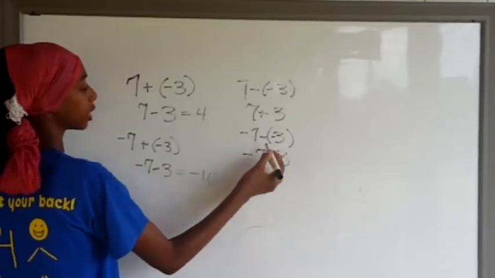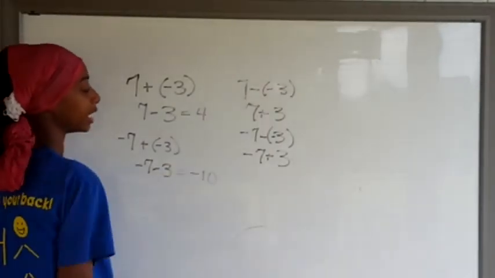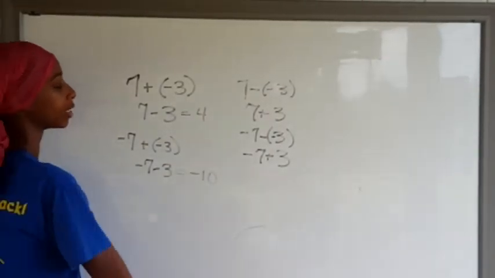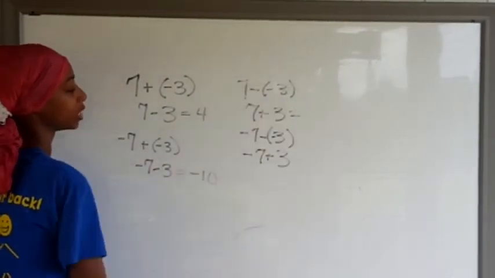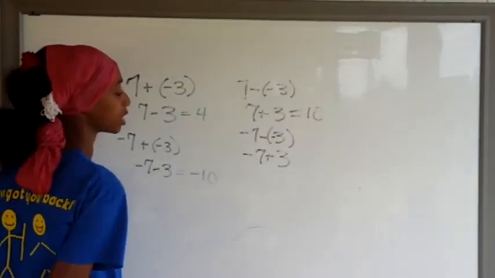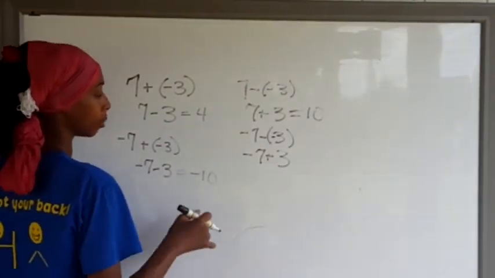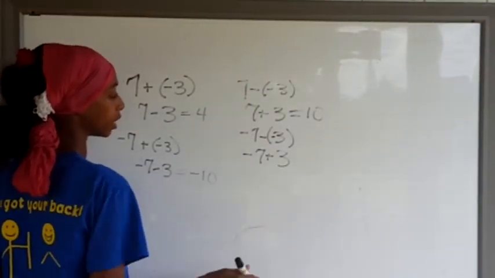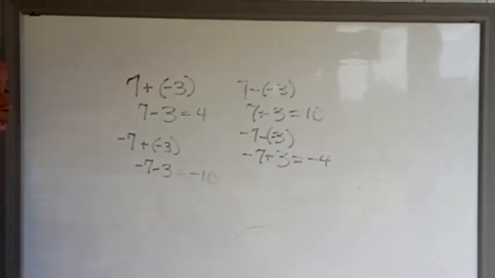Anytime you're subtracting a negative, it's the same as adding, because you're taking away the debt that you owe, which means you can pocket that money. So if I owe somebody $3, but they say no, never mind, then I can add that $3 to my pocket, and that gives me $10. Or if I'm in debt $7, and then I pay $3, I'm taking away that debt of $3. So that leaves me with only $4 that I owe now.